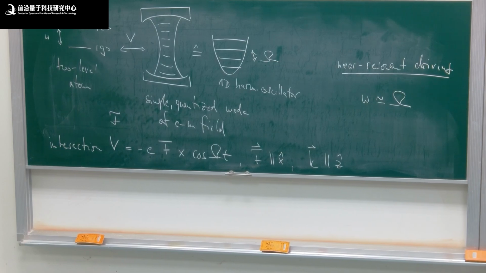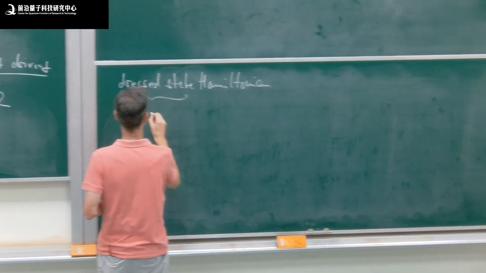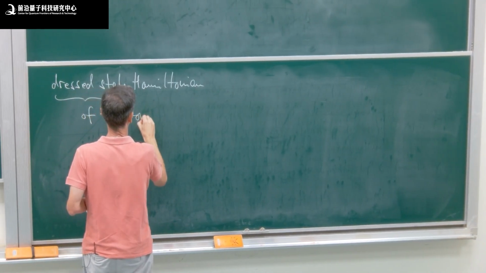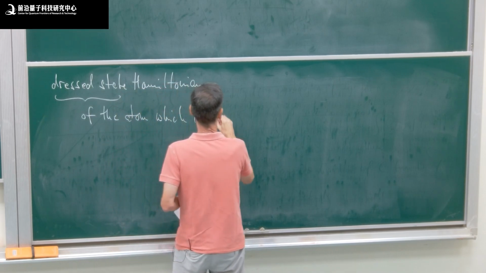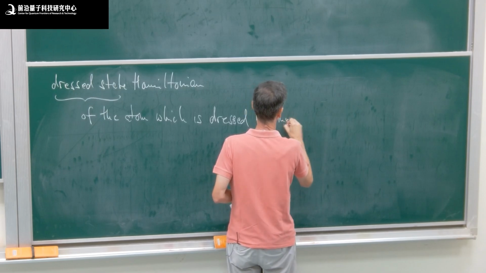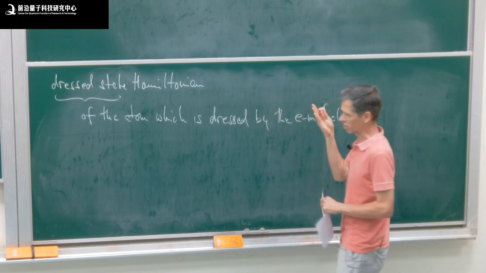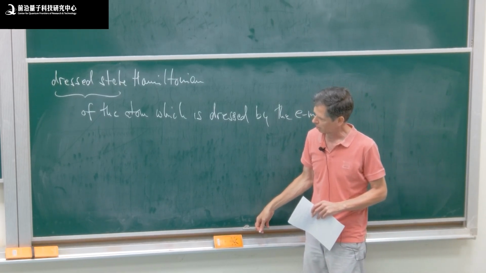So this is the state of the atom dressed by the electromagnetic field. Okay, so dressed state of the atom, which is dressed by the electromagnetic field. So that's the jargon, or that's the thought behind the jargon.